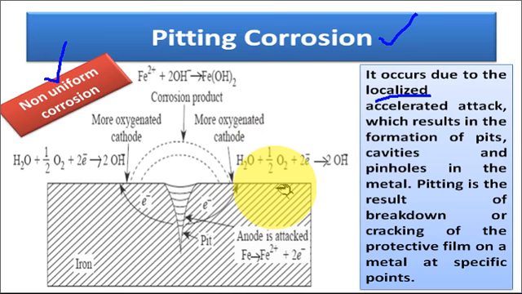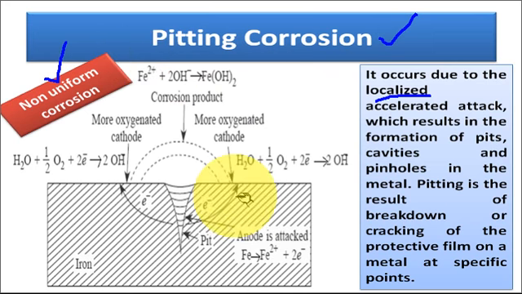So a chemically non-uniform environment means the metal is active at some part and less active at another part. So this chemically non-uniform environment causes localized corrosion, which is pitting corrosion, because it results in the formation of pits at the metal surface. That's why it is called pitting corrosion.